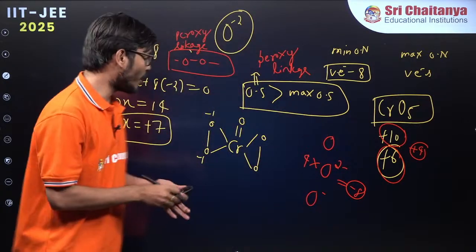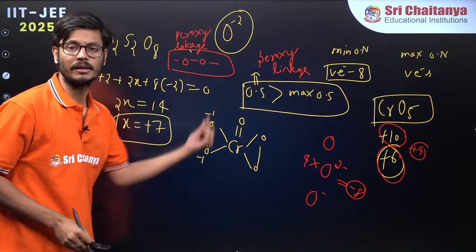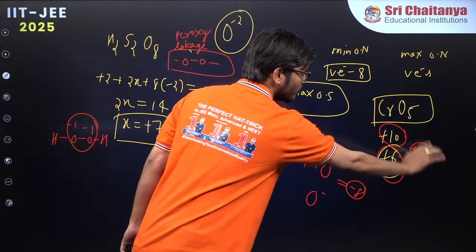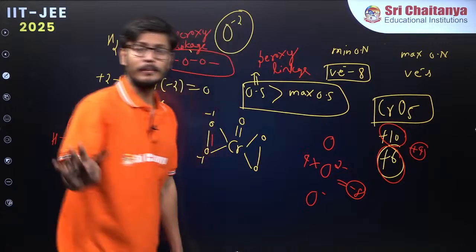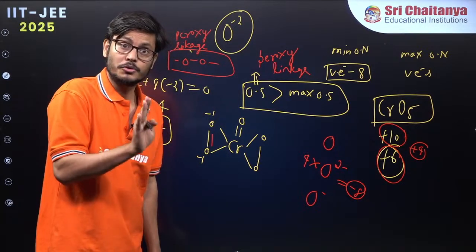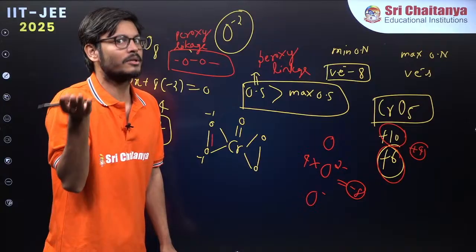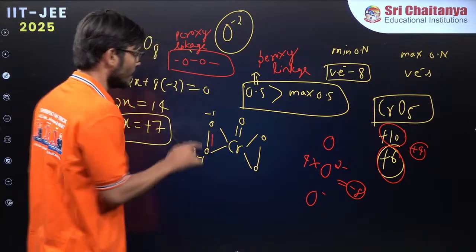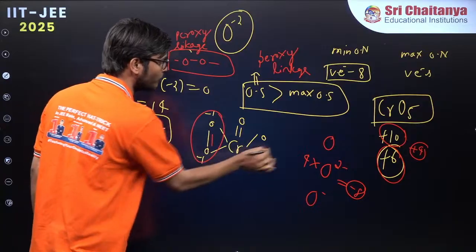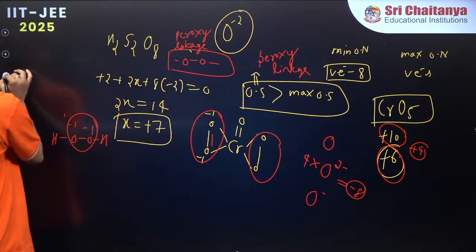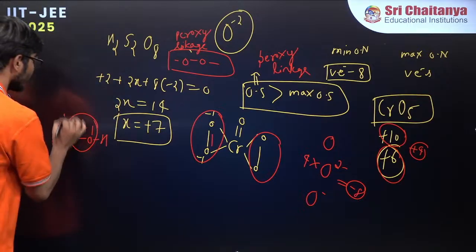Form the peroxy linkage. To remove the extra +4, we make 4 oxygens not -2 but -1, so it is not -8, it is actually -4. Understood? So that will be removed. How many peroxide linkages do we have? 2 peroxide linkages, oxygen-oxygen linkages. This particular linkage is known as a peroxide linkage.